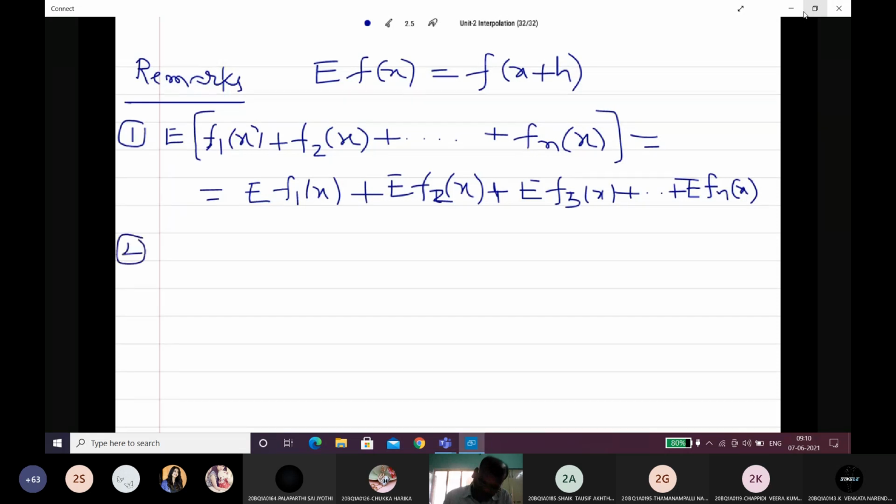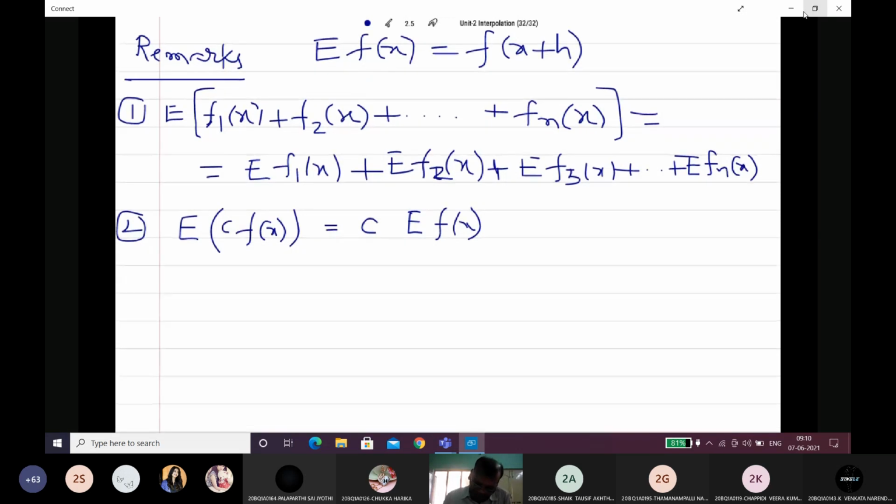The second one: suppose a function is multiplied with a constant number, that is E of c into f of x, that is equal to c times E of f of x. Suppose a composite function, a function of a function, E power m of E power n of f of x.